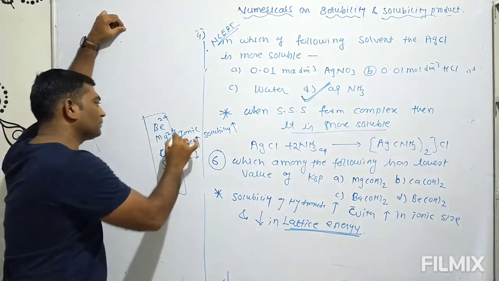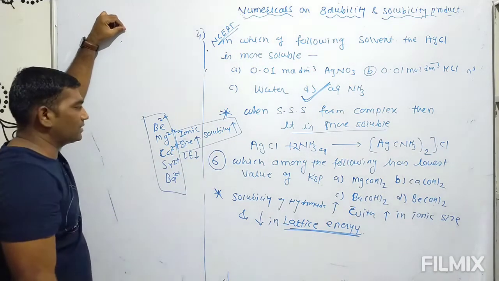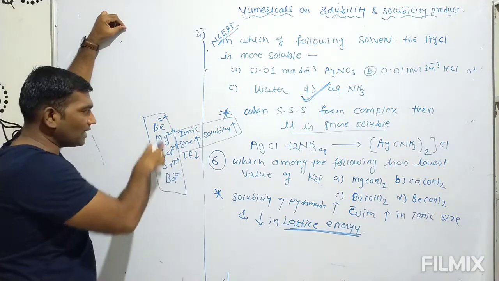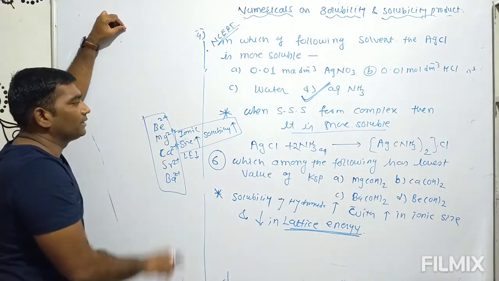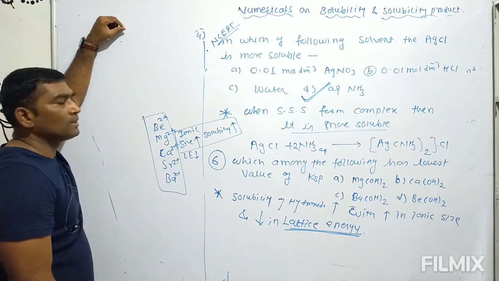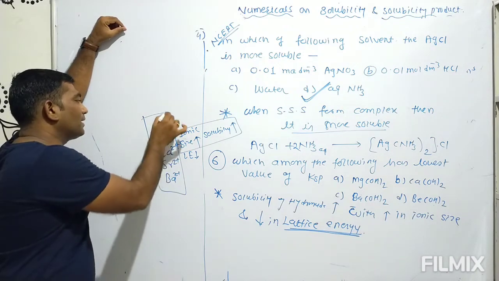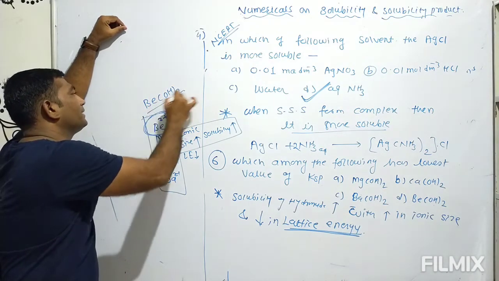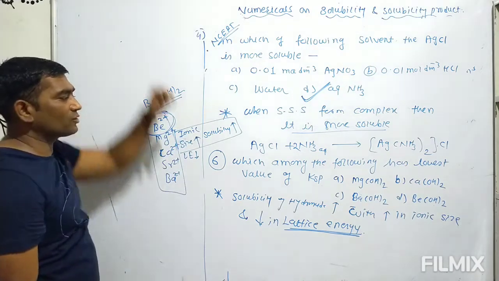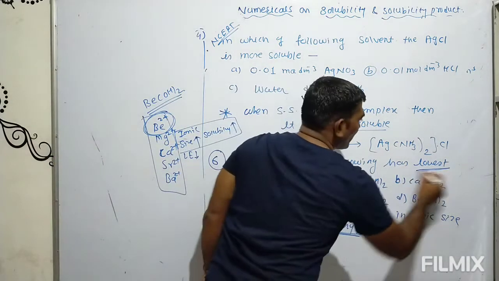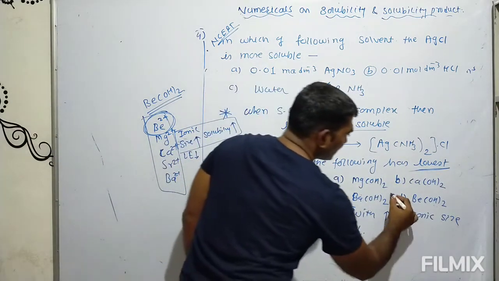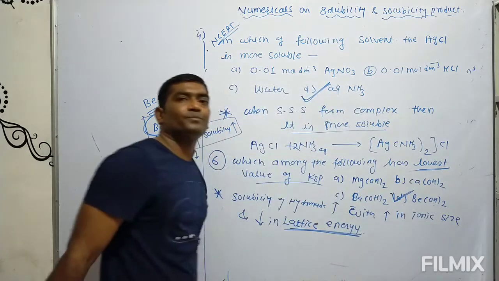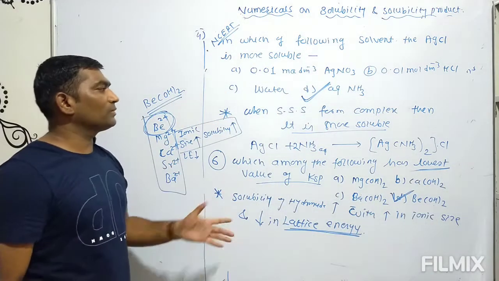So please keep this concept. As the ionic size of the ion for a given hydroxide increases, solubility increases. Means where there is less solubility, Be(OH)2 is less soluble. As it is less soluble, it has the lowest value of Ksp. So this is the answer. So please note down this.